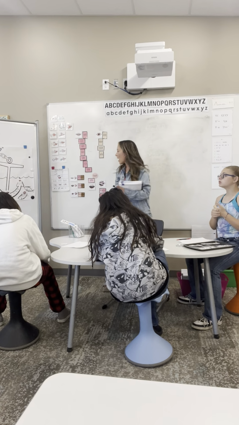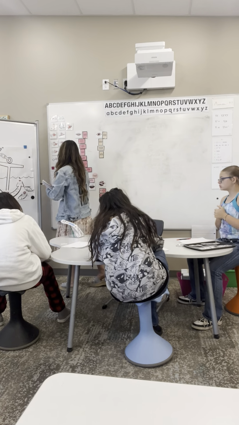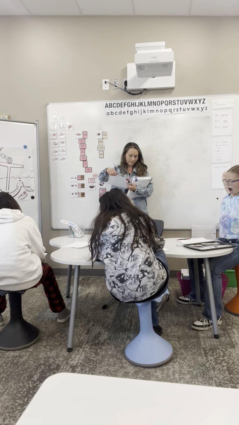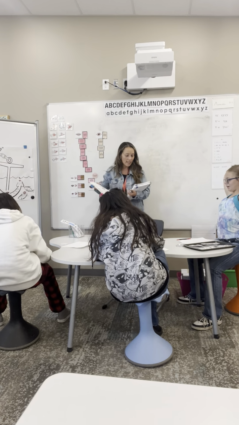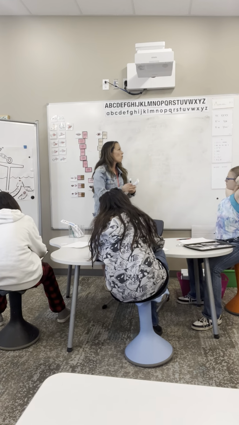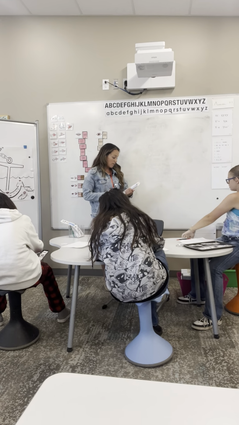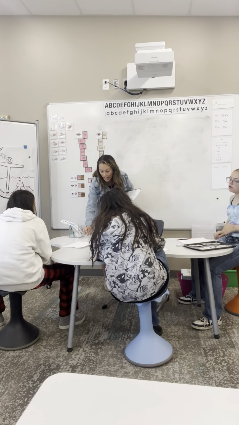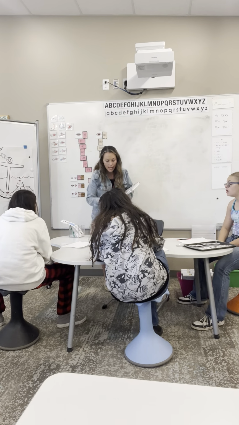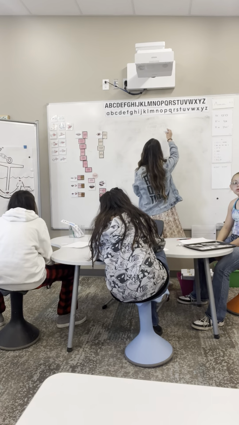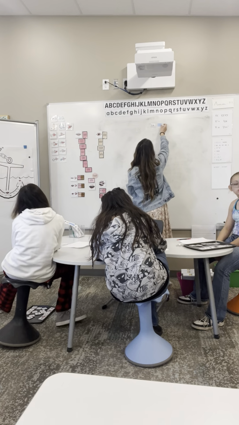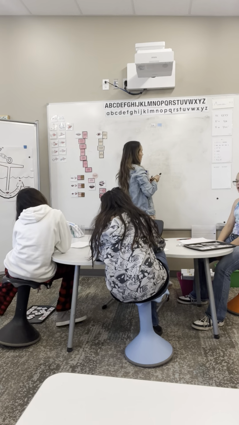Okay, moving on to spelling today. Let's go ahead and go over our derivatives. Okay, we're gonna need these today. If we have a base word plus a suffix, we have a derivative.